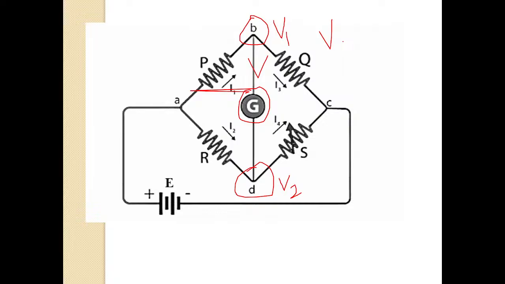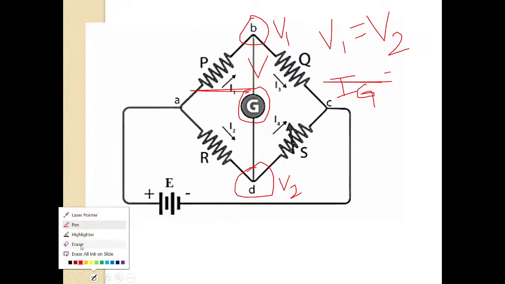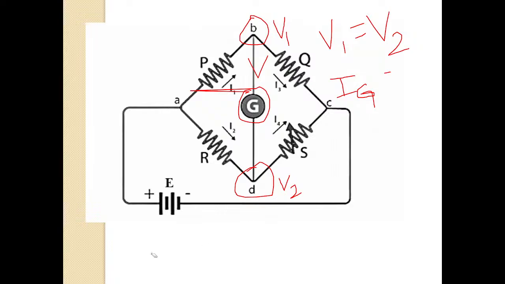If V1 is equal to V2, then the current in the galvanometer, suppose Ig is the current, will be equal to 0.